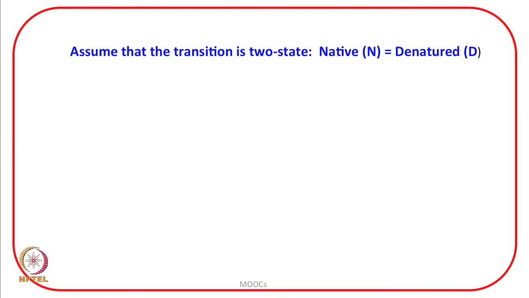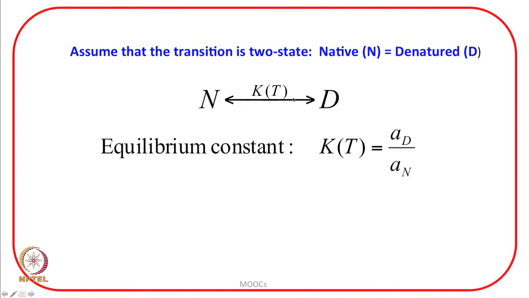Now, let us discuss a two-state native to denatured unfolding transition. The reaction that we are talking about is N in equilibrium with D. That means you are heating N and it is going towards D, and the associated equilibrium constant is KT, which is expressed as the activity of the denatured form divided by the activity of the native form.